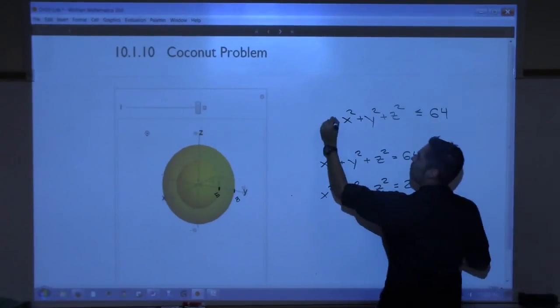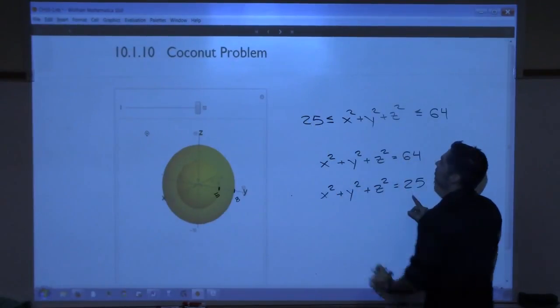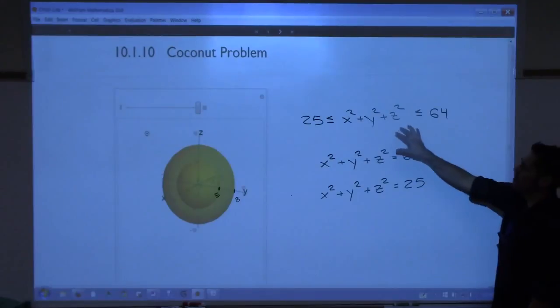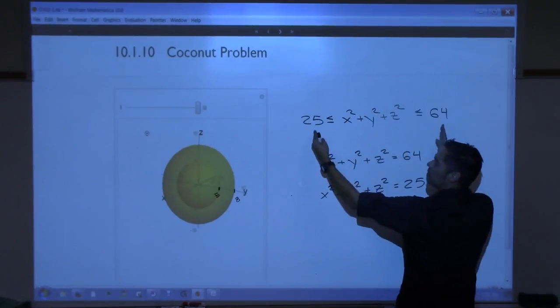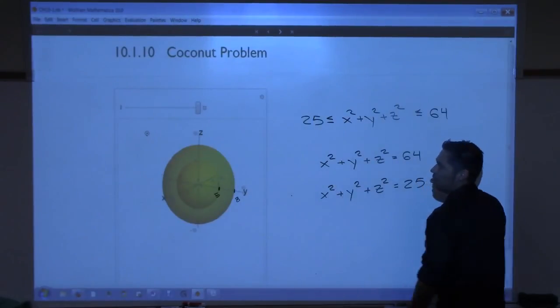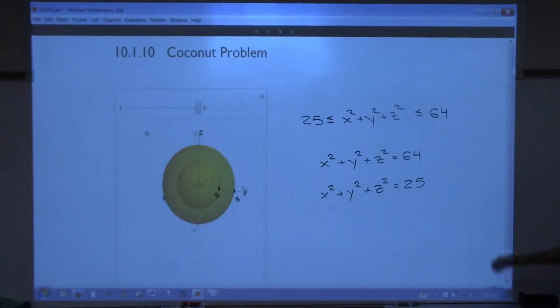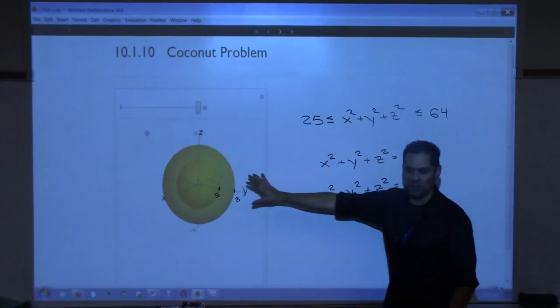I want it to go to where? 5, so 25 here. Do you see what we've done is we've squeezed all the points between two different radii, right? Squared. We have to have squared there. That would represent all the ordered triples that would draw this coconut, yes?